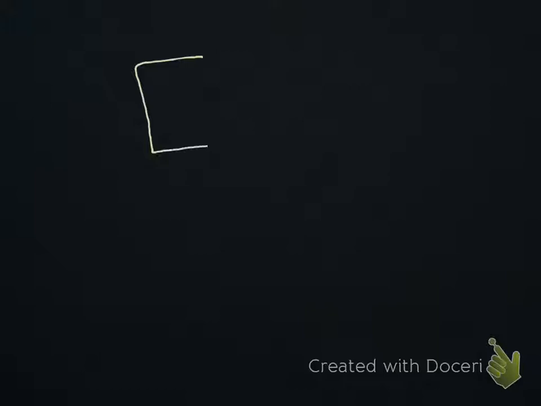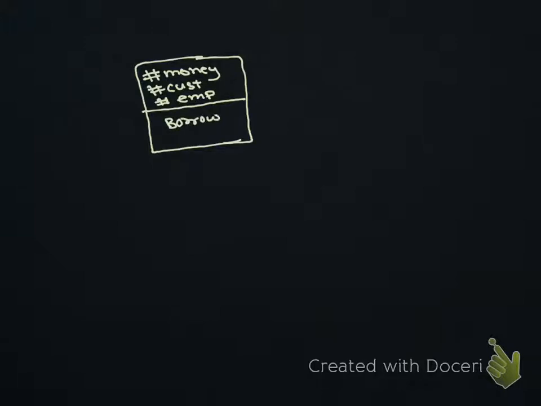So I start with a blueprint for a bank, and I say that for a bank the main things which matter for me are the amount of money present in the bank, and maybe the number of customers and the number of employees. And then this bank might borrow money from some people and might lend money to some people. So this is my basic blueprint of a bank.